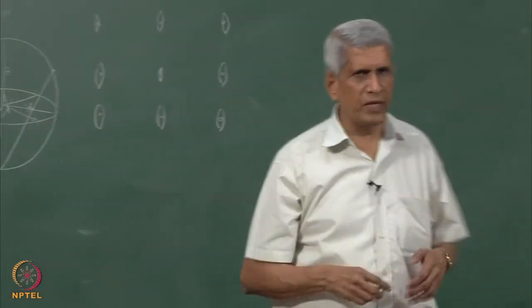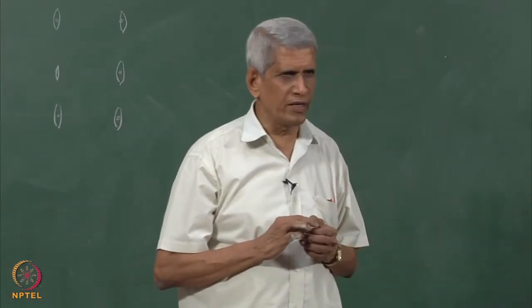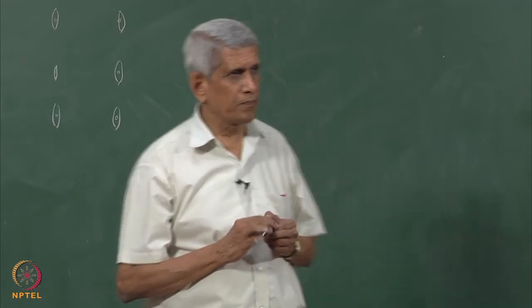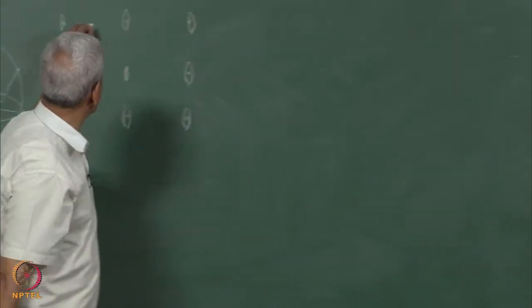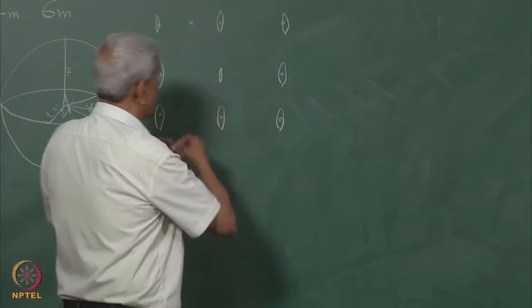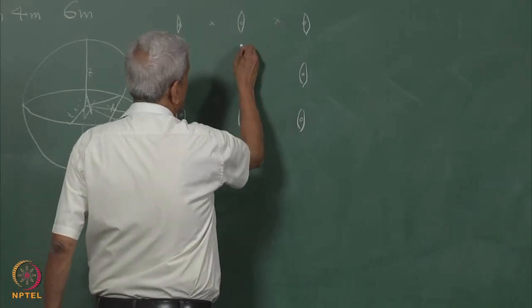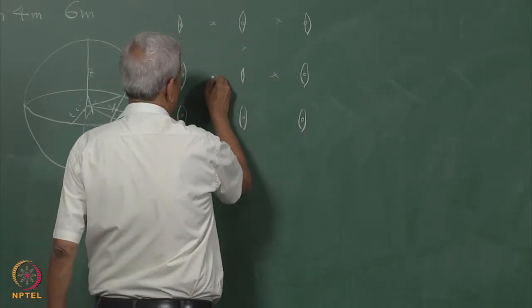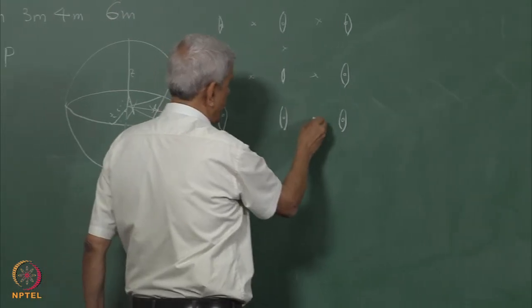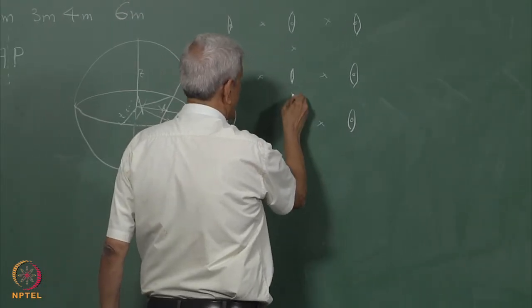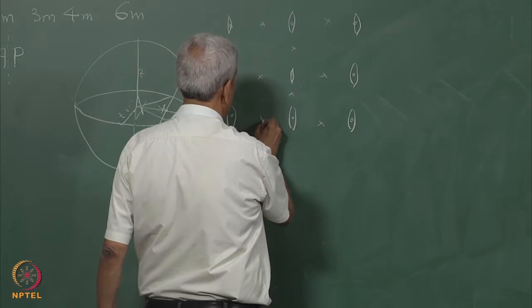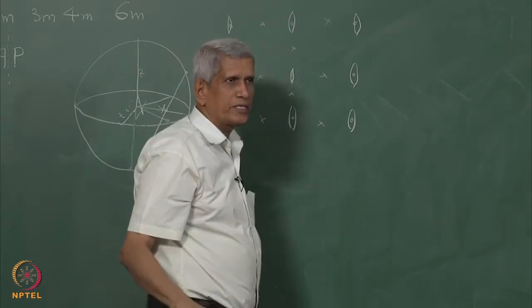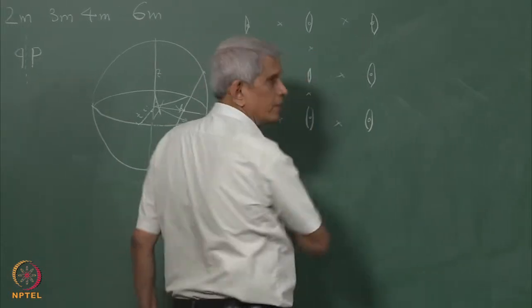Is there any other place where we can have a twofold symmetry, any other symmetry? That is, if I take a point here, or here, or here, or here, all these points also I can have a twofold symmetry, no? Is it not?